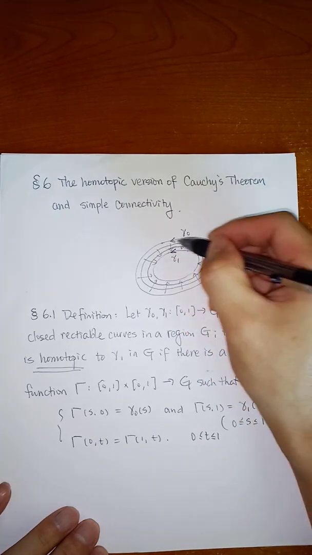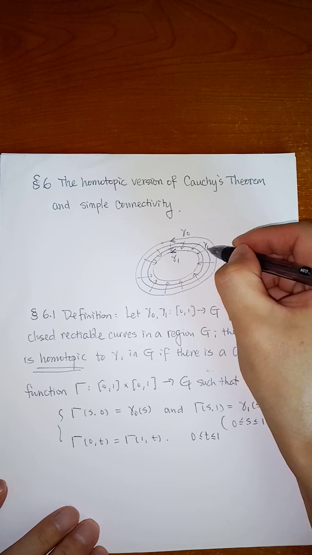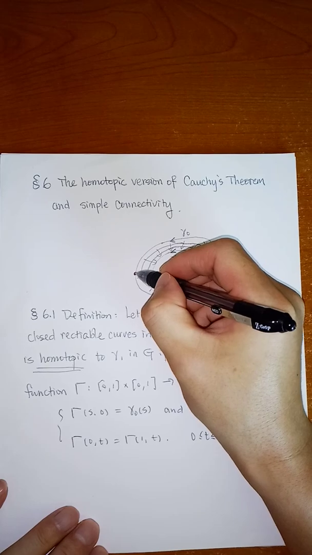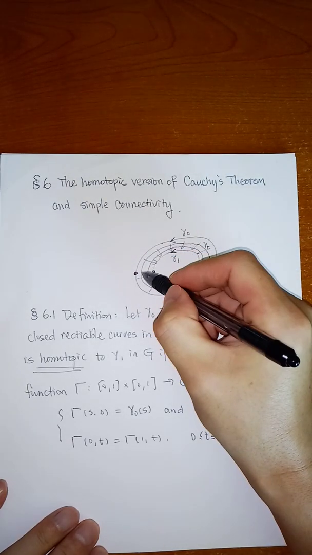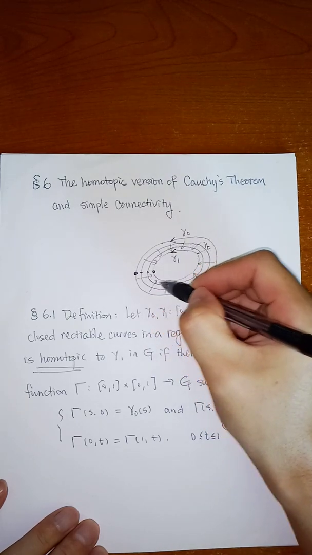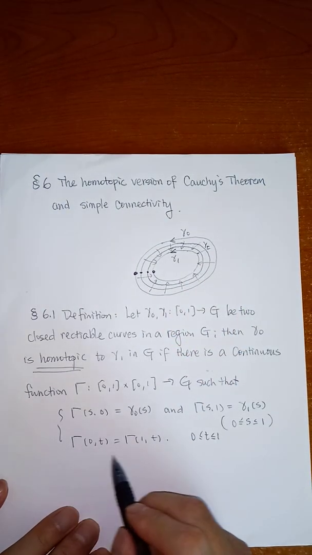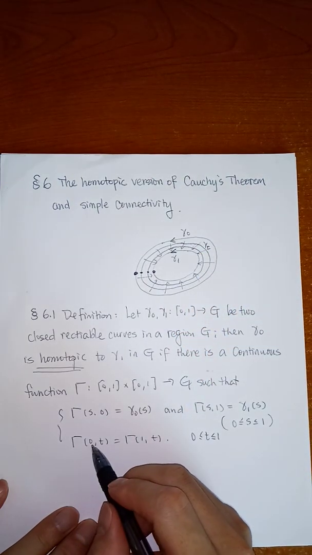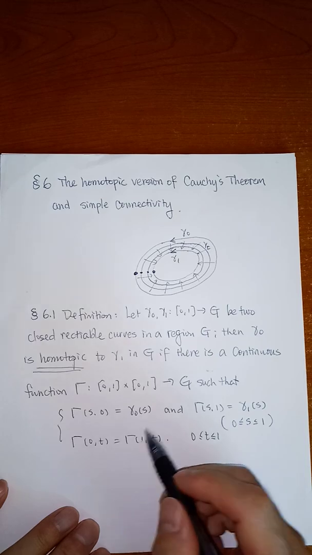Each middle step is parameterized by the parameter t, gamma t. Each middle step is also a closed curve, with an initial and terminal point. So the second condition just means that for each middle step, gamma t is a closed curve: the initial point is equal to the terminal point.